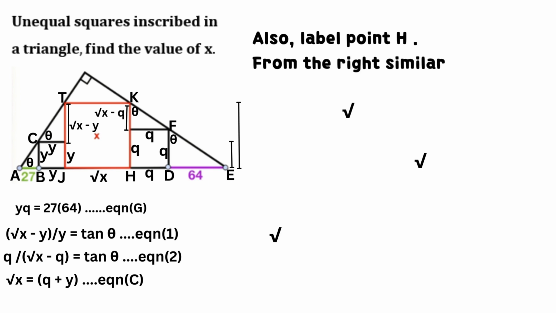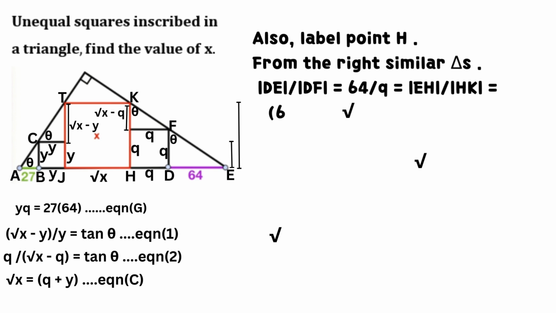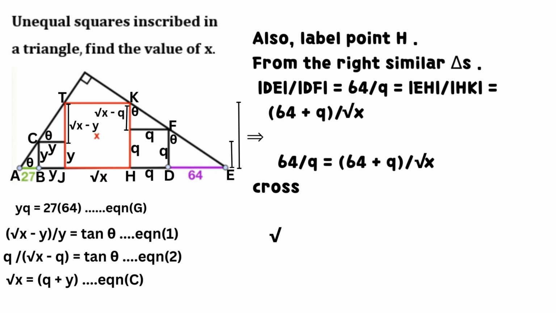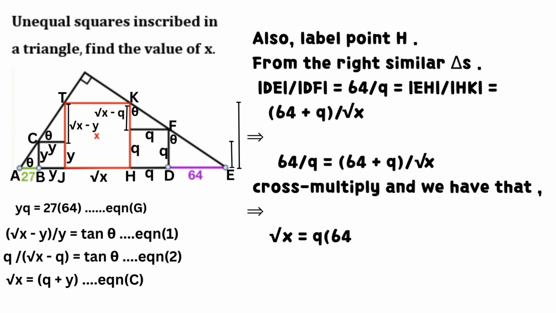Also, label point H. From the right, similar triangles. Line DE divided by line DF equals 64 divided by q, which equals line EH divided by line HK. The result equals the sum of 64 and q, all divided by the square root of x.